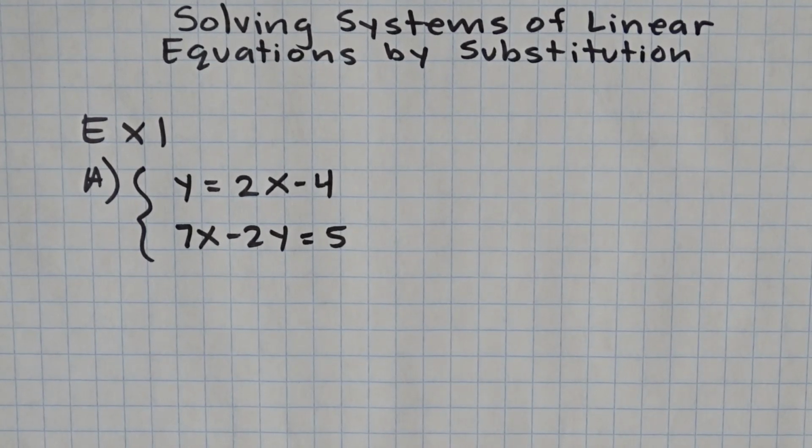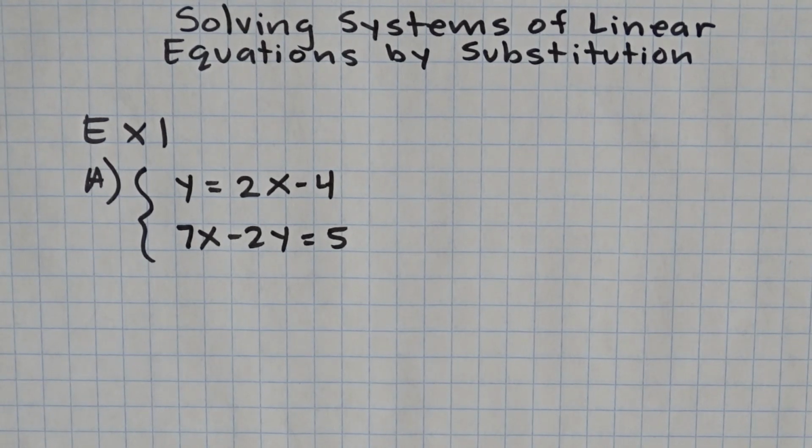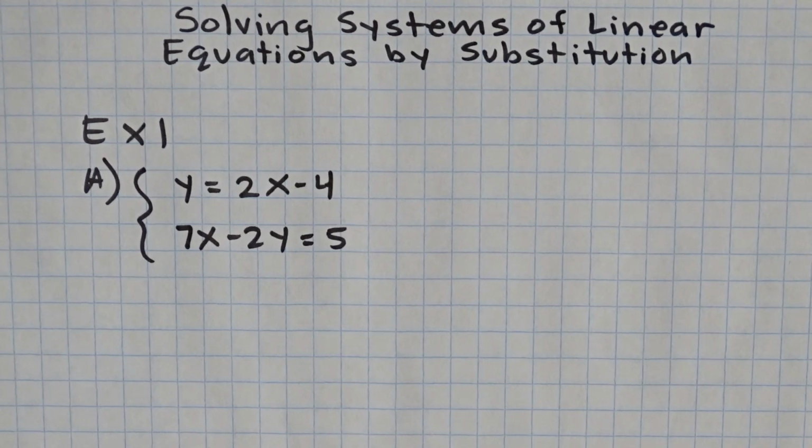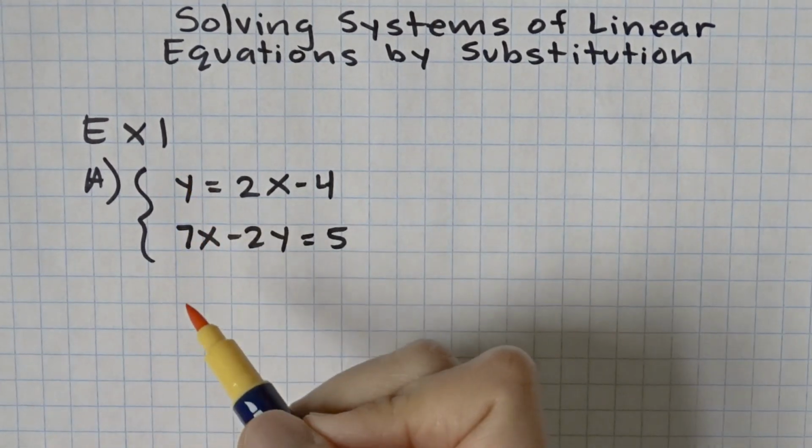This is called the substitution method, but I call it the nickname method because when you substitute something for something else, it's pretty much like a nickname, right? You have a name for something that represents the same thing as another name. So first step is to find an isolated variable. I found y, which is isolated here.